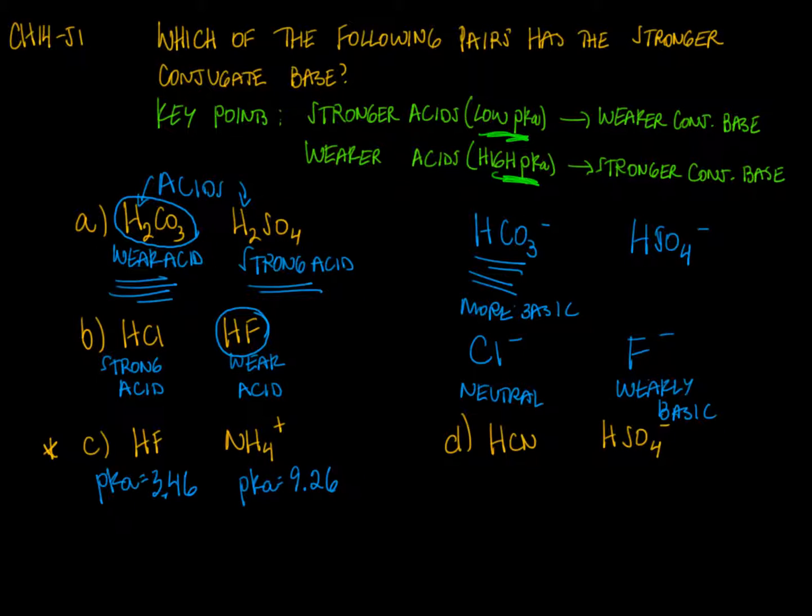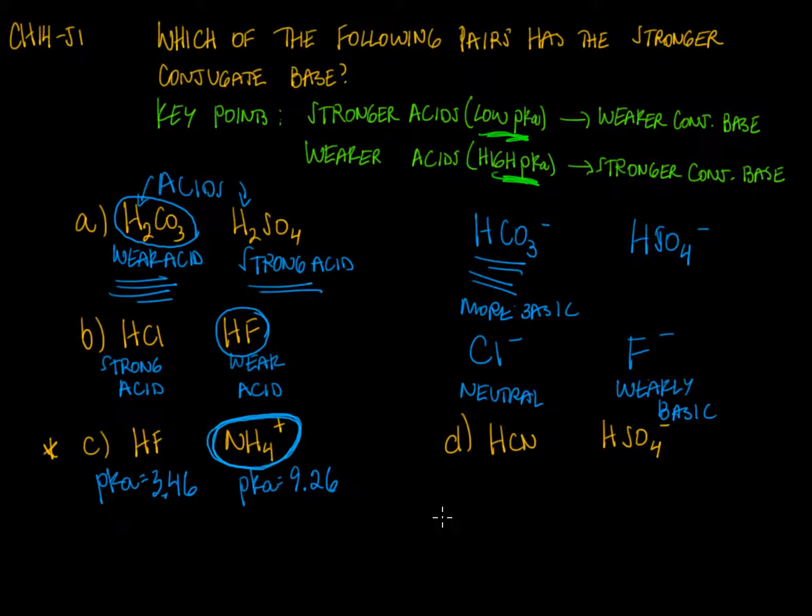So if I look at these two substances, HF is the stronger acid, okay? We want to select the weaker acid because that's going to be the one that forms the stronger conjugate base. So which of these is a weaker acid? The higher the pKa, the weaker the acid, and this is going to form a more basic conjugate base. All right, so that's the circled choice there.